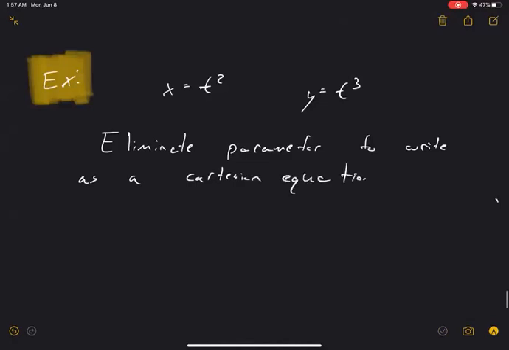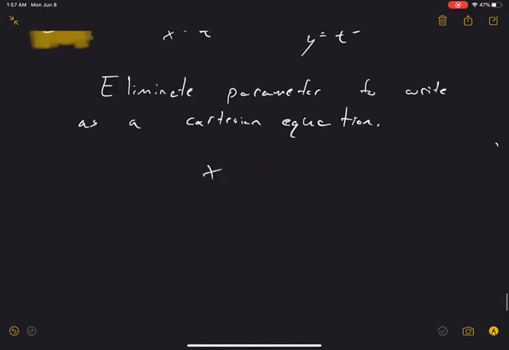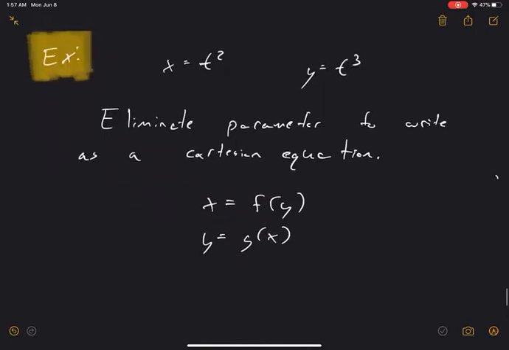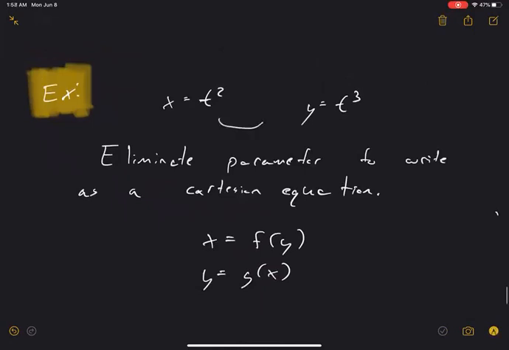As I said earlier, a Cartesian equation is something like x equals a function of y, or y equals a function of x. So we need to take these and convert into one of these.